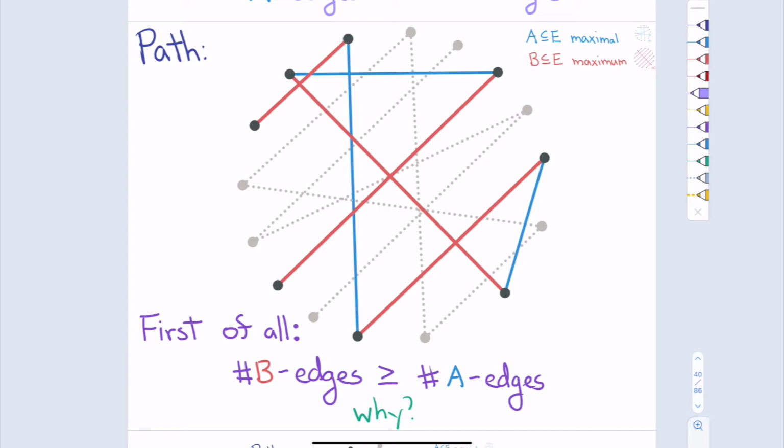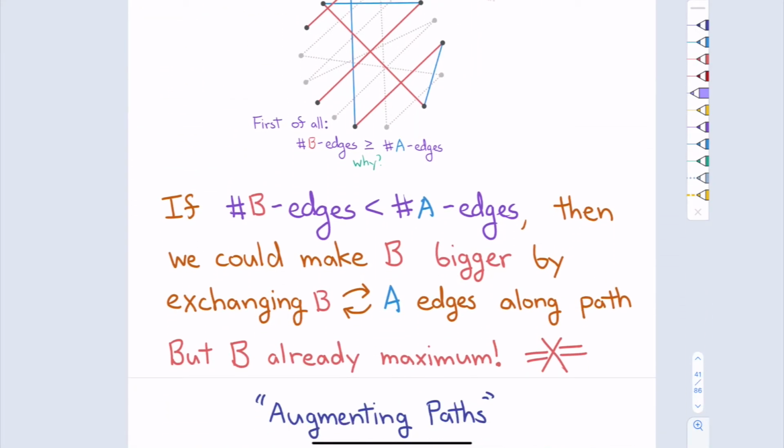And at this critical point, we pointed out that in any of these paths induced by the combination of the two matchings, the number of edges in the maximum matching has to be at least the number of edges in the non-maximum matching, because otherwise we could have exchanged along the path and made our quote-unquote maximum matching bigger, which you're not supposed to be able to do. It's maximum.